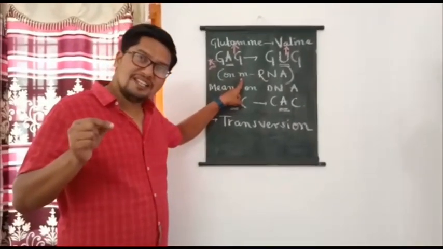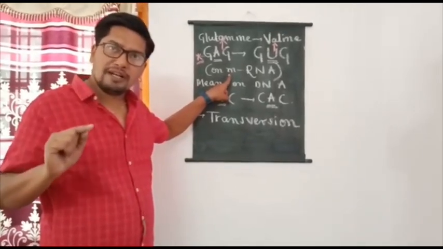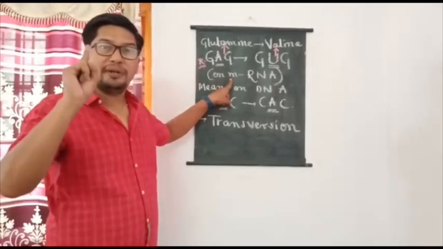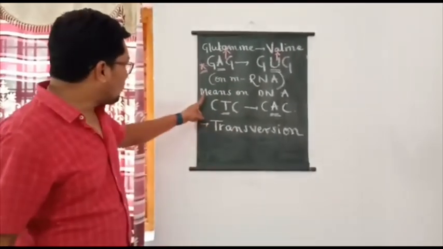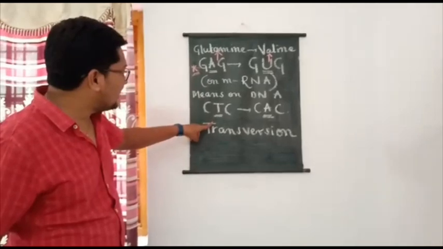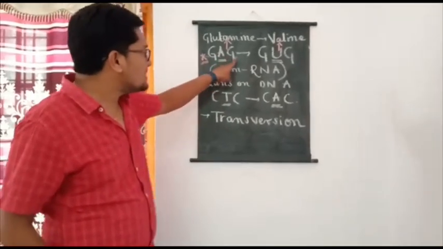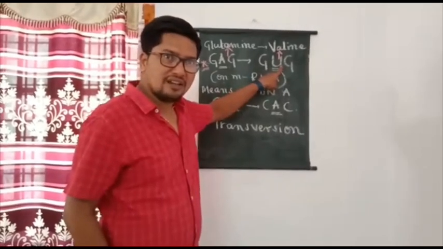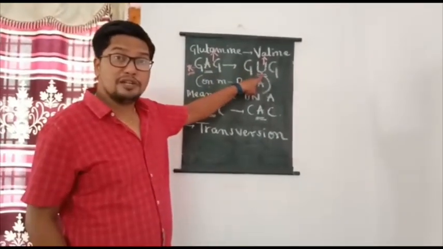Why this change in mRNA? Can we expect mutation to directly occur on mRNA? No. Mutation actually occurs on DNA. So what is this mutation on DNA? See, I have written on mRNA, codon GAG is replaced by GUG. Adenine nucleotide is replaced by uracil nucleotide.